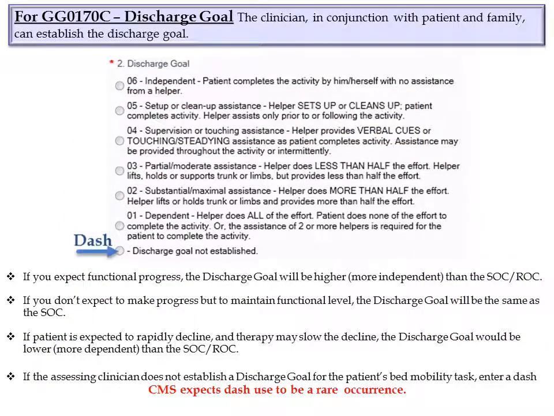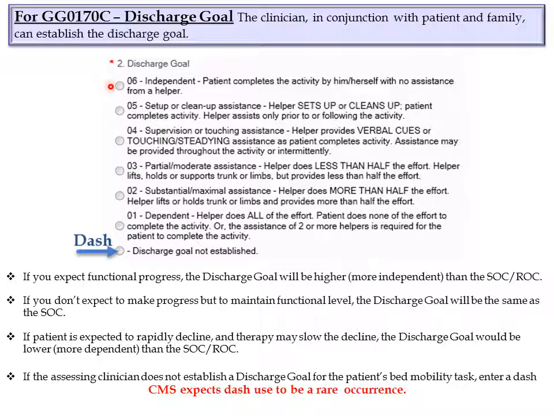There is a discharge goal that is required to be answered at the start of care or resumption of care on GG0170C. So you assess what their safe ability is to do the bed mobility in the first place, and then you are assessing or determining what you would think that they will be able to do by discharge.